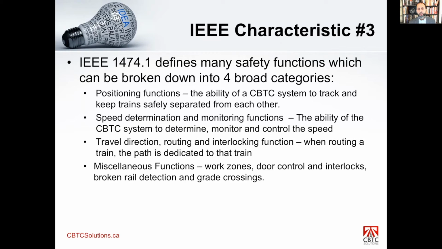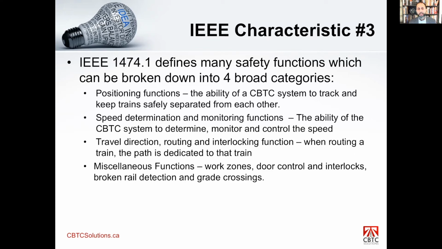Determine travel direction, routing, and interlocking functions, meaning your traditional interlocking functions: you set the route, the switches are locked for that train, and it's safe for that train to move along that portion of the track. And finally, IEEE talks about some miscellaneous functions such as work zones, door control, broken rail detection, grade crossings.